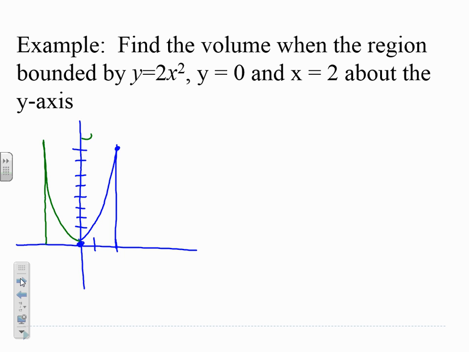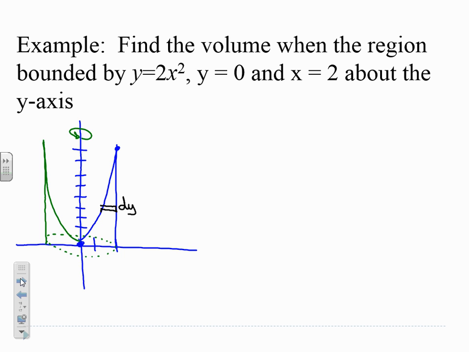Now we are going to rotate this around the y-axis, which means we're getting something that looks like this. Now we are rotating these rectangles with thickness dy.